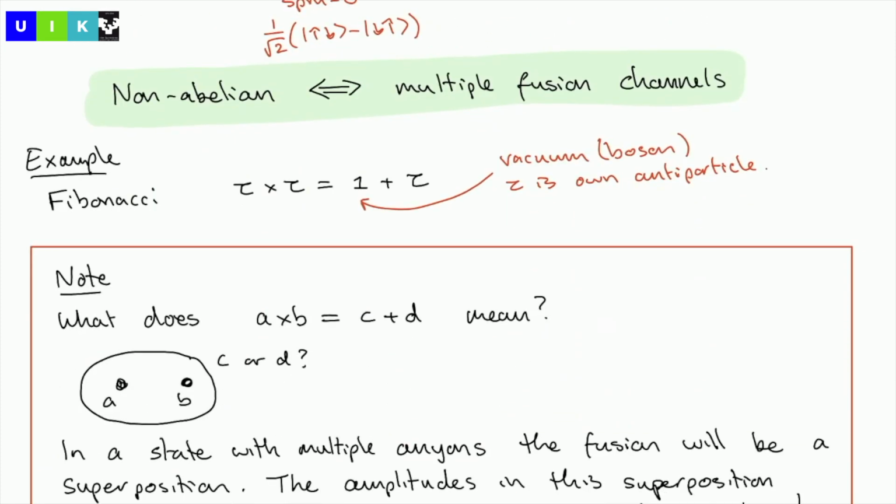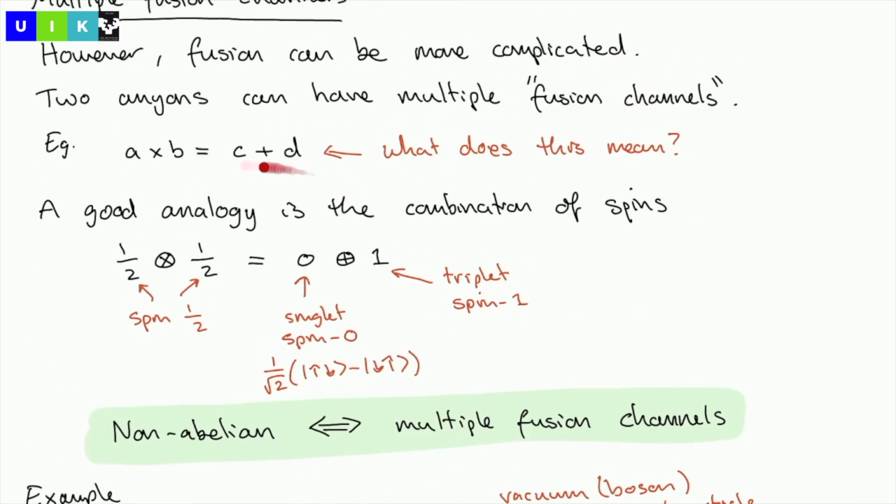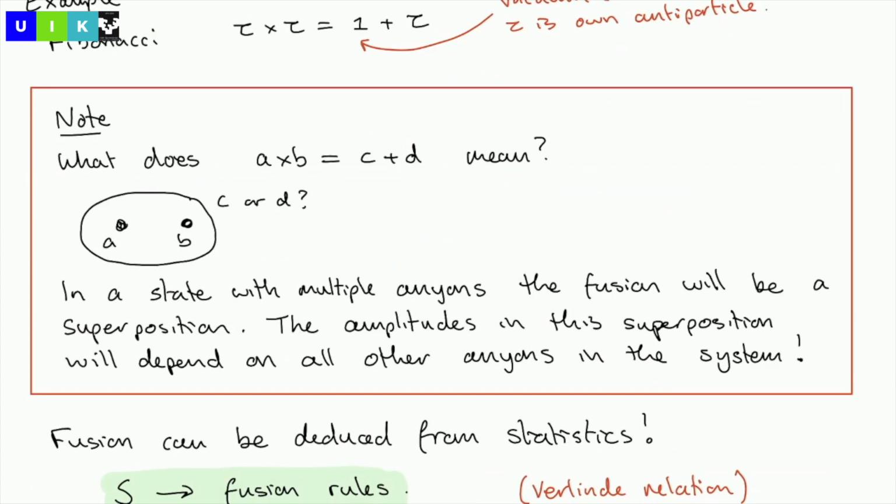Really, the way we should think about this is in terms of the possible states. So this fusion rule tells you what states are possible. If I have two anions, A and B, in a region, then there are different possibilities for the states that they can exist in. One where collectively they behave like C, another where they collectively behave like D. And that's kind of the point of this box.